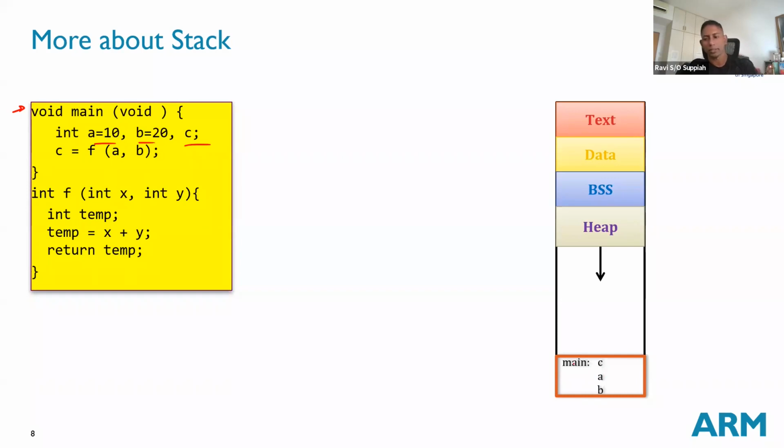When I call function F, I am passing in A and B, and A and B get mapped to X and Y. So I need to create some space for X and Y. At the same time, within function F, I also create another local variable. What is not shown here is the return address and so on. I'm just showing you the variables that are created. The return address is also pushed onto the stack.